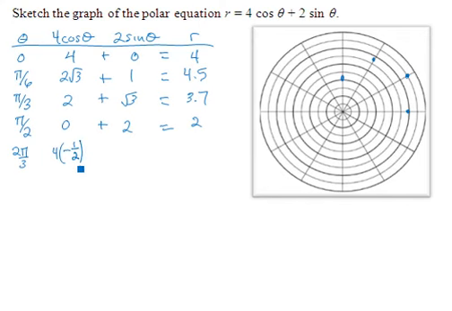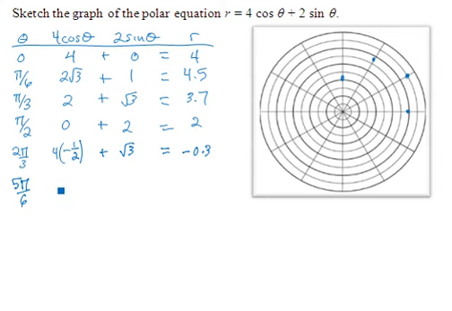So we get a value of negative 2 there. The sine of 2 pi over 3 will be the same as the sine of pi over 3, and when I double that, I'll just get root 3. And the sum of those two is approximately negative 0.3.